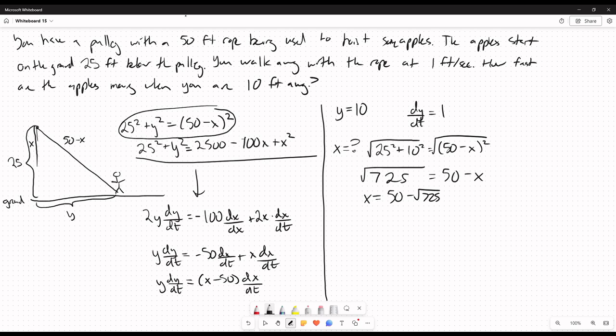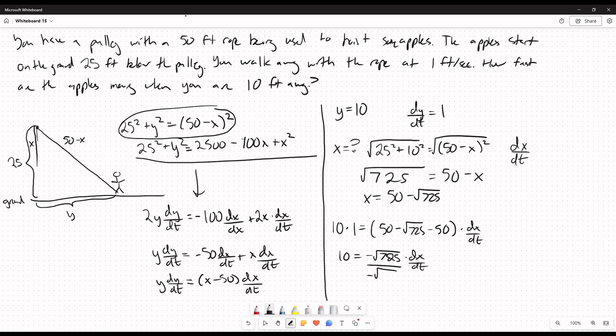So we have x. Now we just want to solve for dx/dt. To solve for that, we're going to use our related rates equation. We have that y times dy/dt, so that's 10 times 1, equals x, which is 50 minus the square root of 725, minus 50, oh, that's nice, times dx/dt, which we don't know yet. So we'll have 10 equals negative square root of 725 times dx/dt.